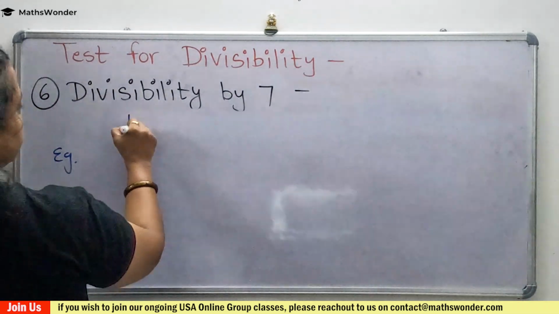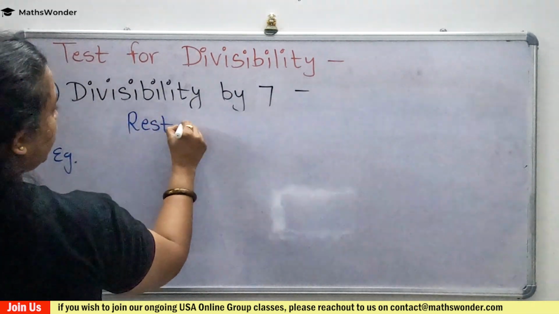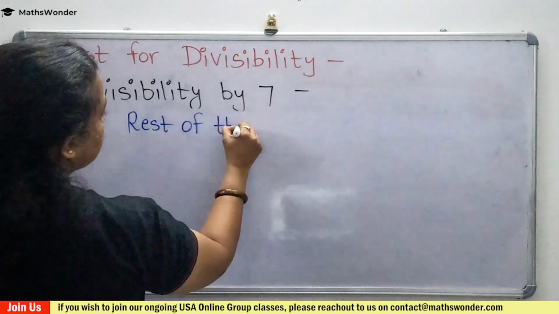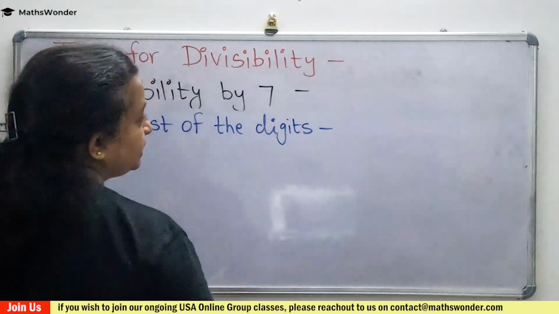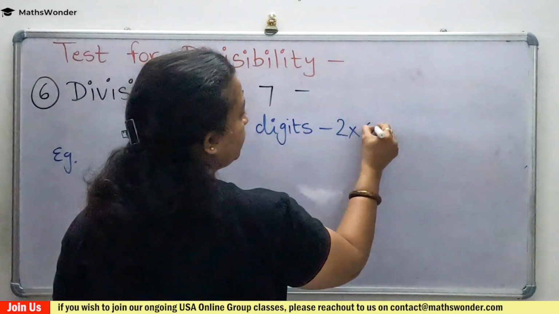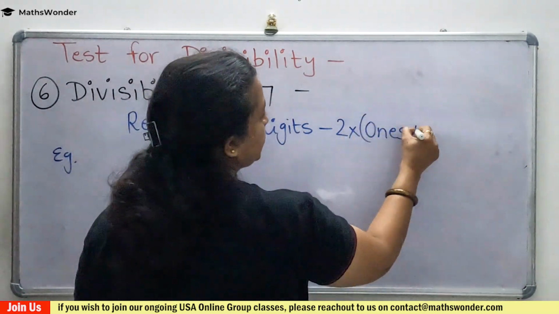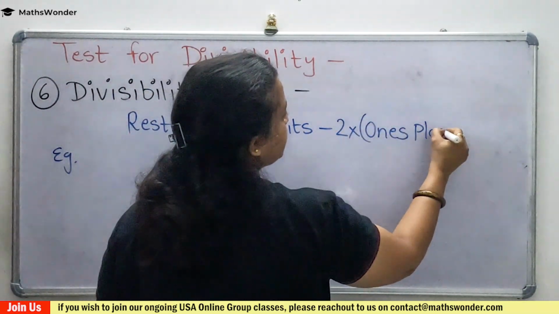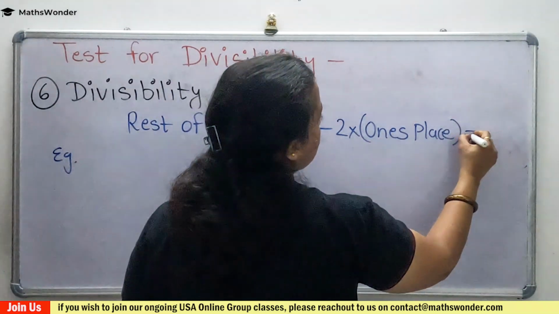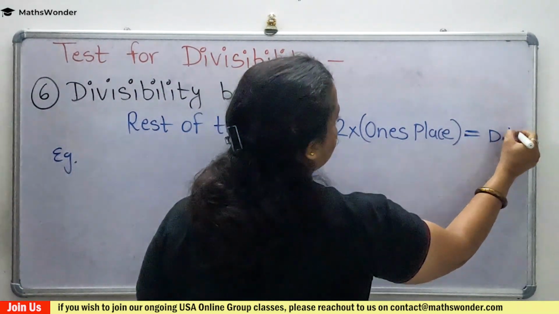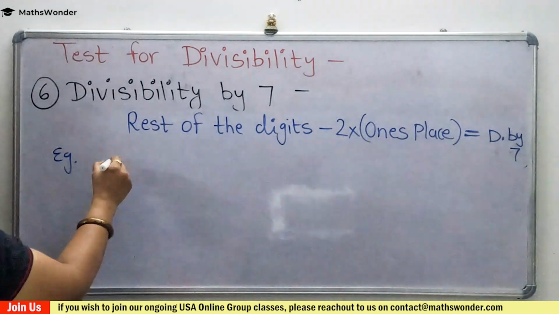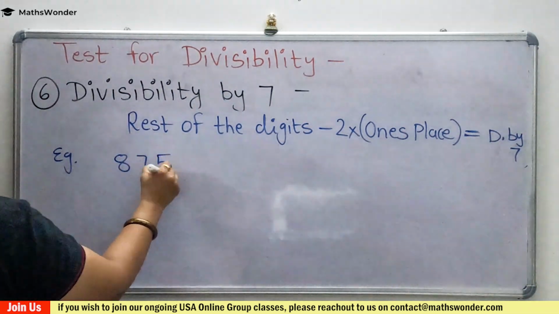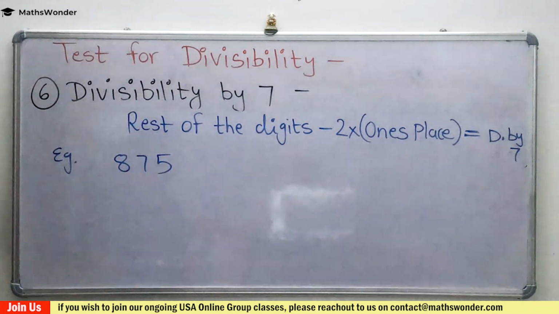So the rest of the digits, subtracted by 2 times the ones place, equals divisibility by 7. For example, 875: is it divisible by 7 or not?